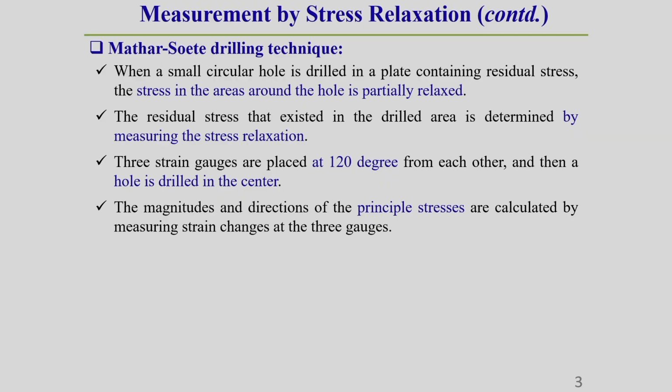First of all, I am just schematically showing how this technique looks. Here generally these three strain gauges are used. The angle between two strain gauges is generally 120 degrees. Let me show it.